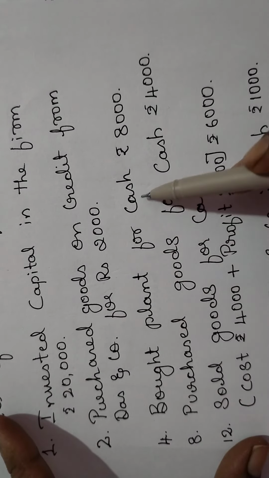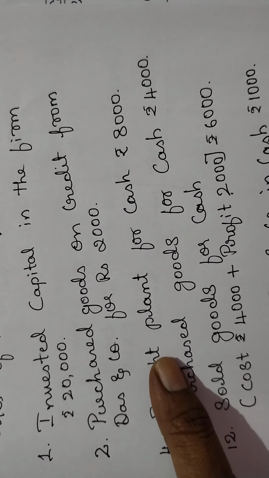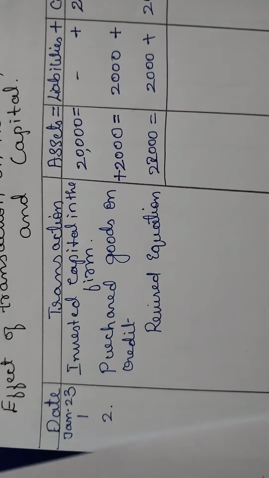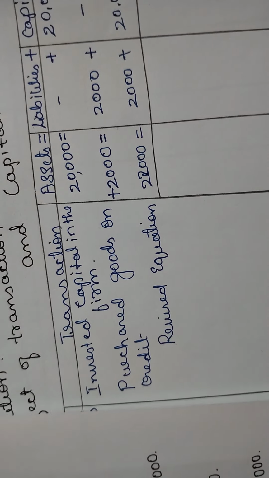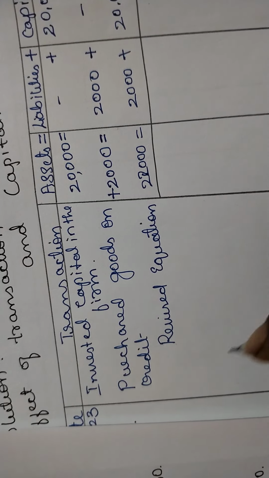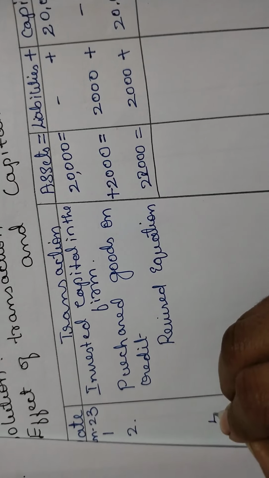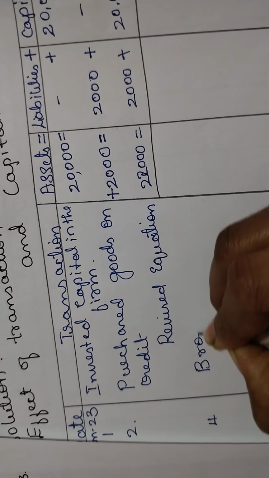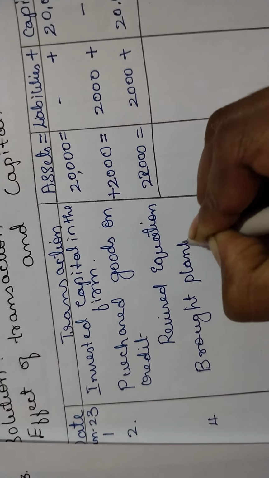Bought plant for cash, rupees 8,000. See, plant includes property, plant and equipment, whatever you are using for the operations. So again, the property, plant and equipment, whatever you have bought in cash, it increased your assets, right? On fourth, bought plant. Here it is affecting in two ways. How is it affecting in two ways?